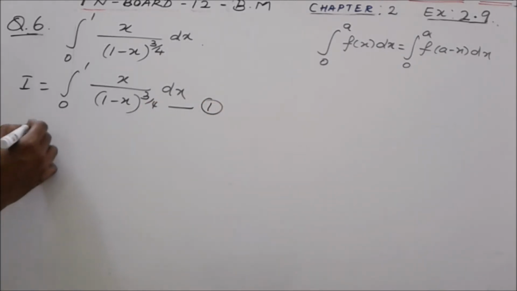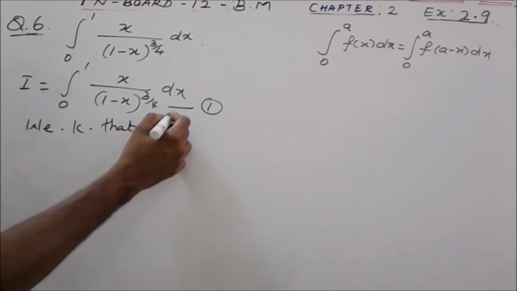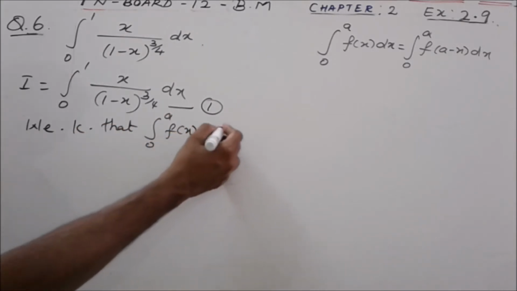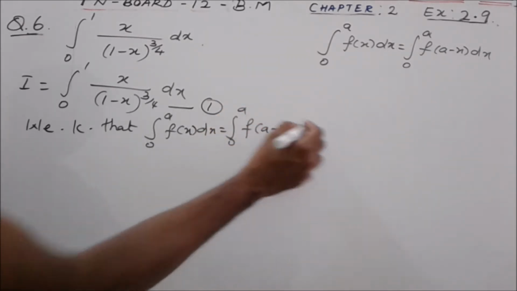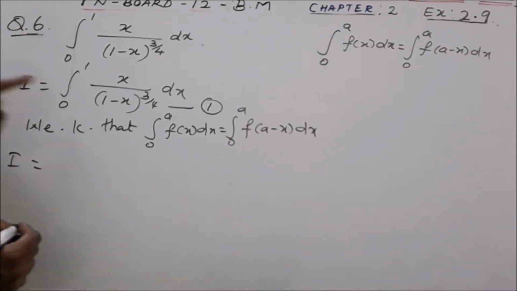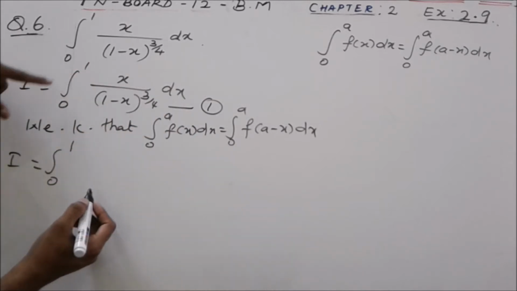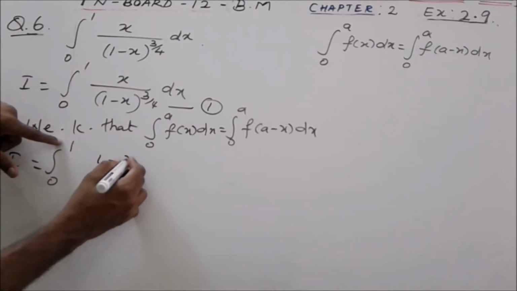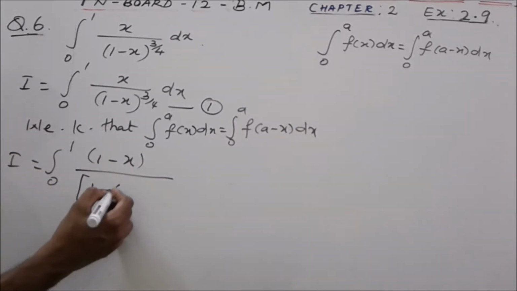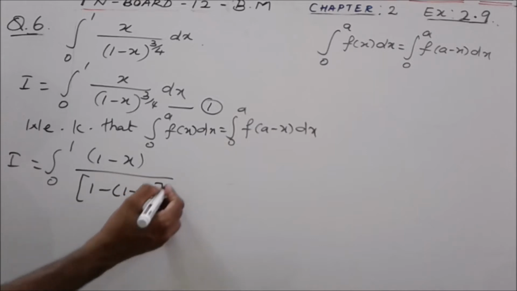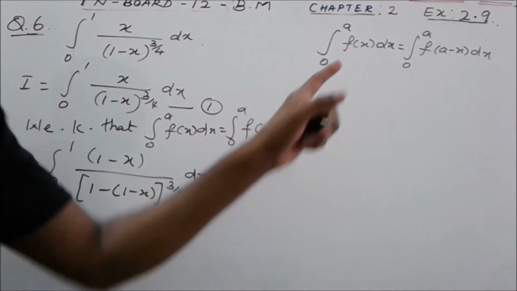And then we know that integral 0 to a f of x dx is equal to integral 0 to a f of a minus x dx. So I equal to integral 0 to 1, x means a minus x, instead of a we have 1, so the numerator is 1 minus x divided by the denominator (1 minus of 1 minus x) whole power 3 by 4. Replace all x by a minus x in f of x.